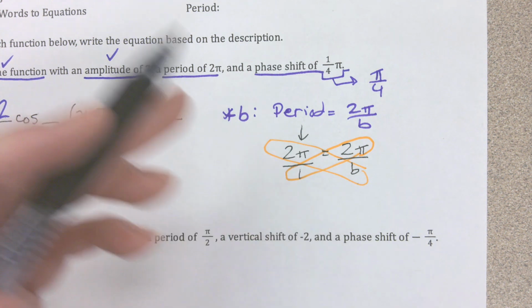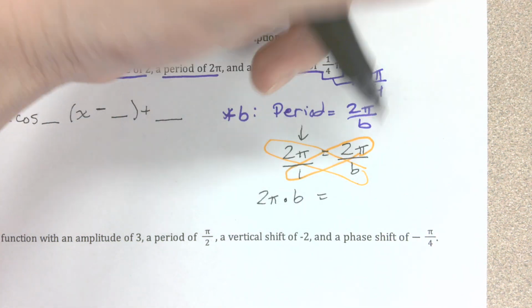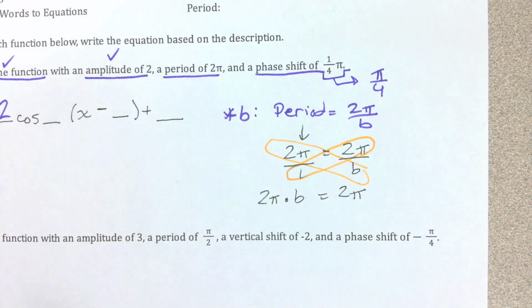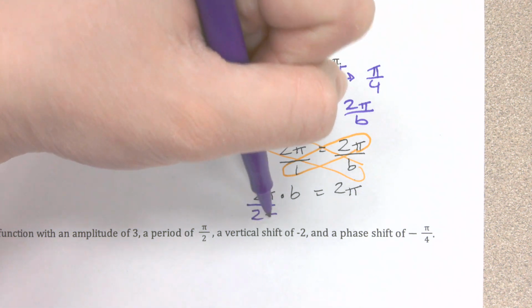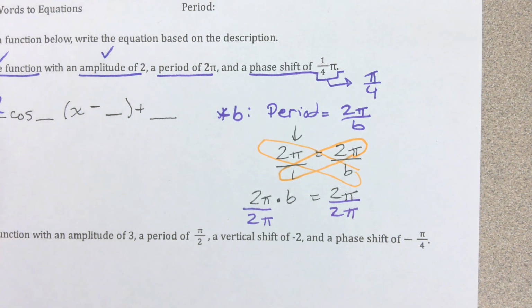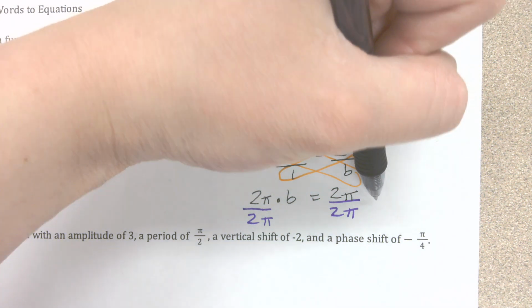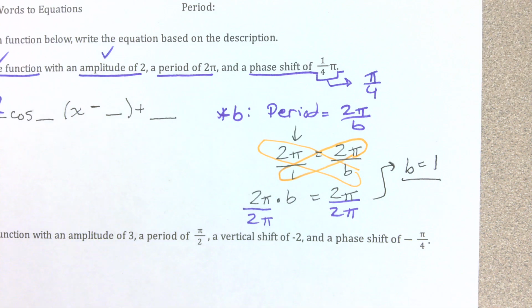We get b times 2 pi, so I'll write as 2 pi times b equals 1 times 2 pi, that's 2 pi. Again, at this point, I hope you would notice, to make that true, b would have to be 1. But if you don't, divide by 2 pi on both sides. B is 1.